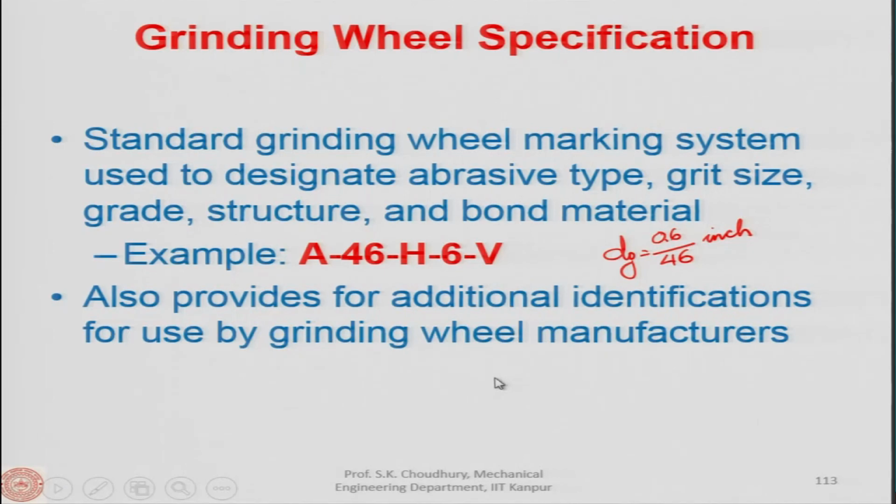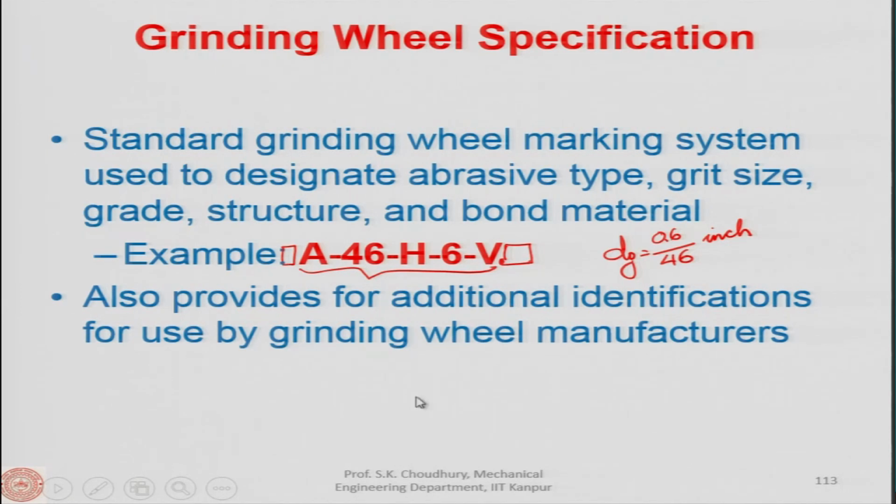In that case, you have to judiciously select what the grinding wheel should be, and you have to specify only in this way. Of course, there could be a manufacturer's code here in the beginning and at the end. The manufacturer of the grinding wheel may have their own code, but these are the 5 parameters by which the performance of a grinding wheel will be defined.